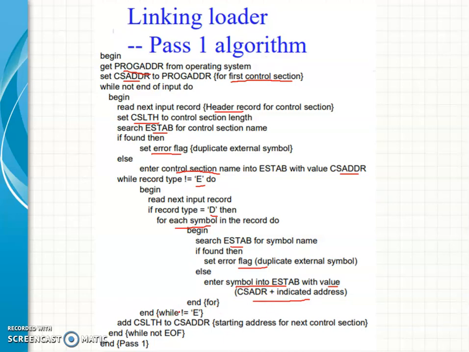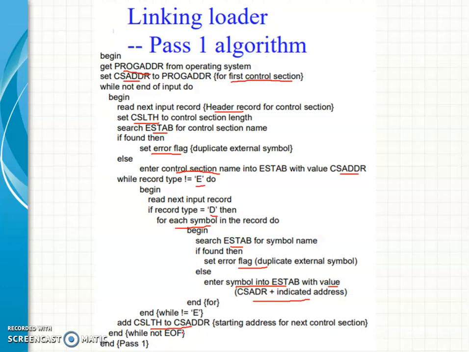This process will continue till it reaches the end record. Once the end record is reached, CSADDR will be updated with CSADDR plus CSLTH. You need to add the control section length to the control section address, that is CSADDR.